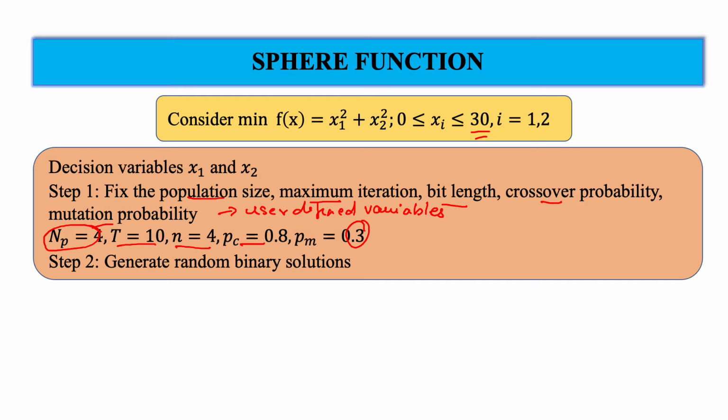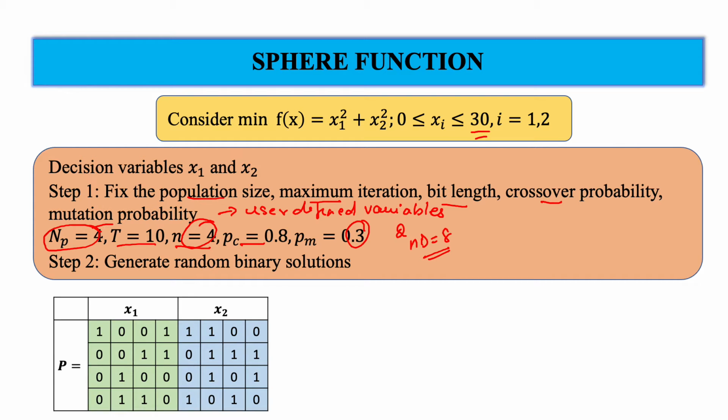After defining all the user defined variables, we have to generate the binary population. For example, here my bit length is 4 and my variables are 2, so n into d is 8. My population string length is 8. Here is the table for 4 randomly generated population members.